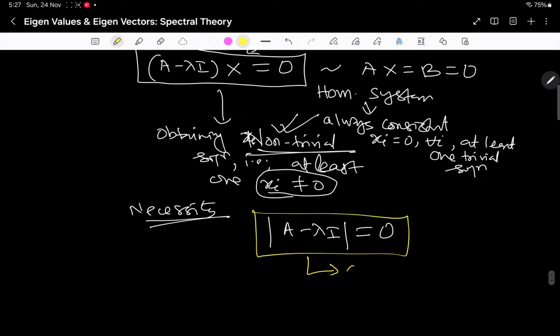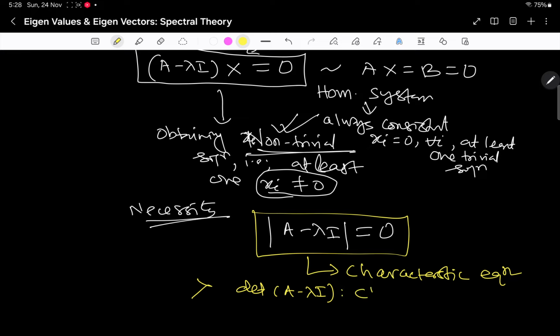Simply the determinant of A minus lambda I is called the characteristic polynomial.